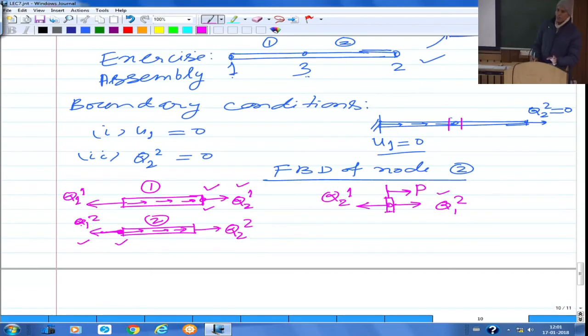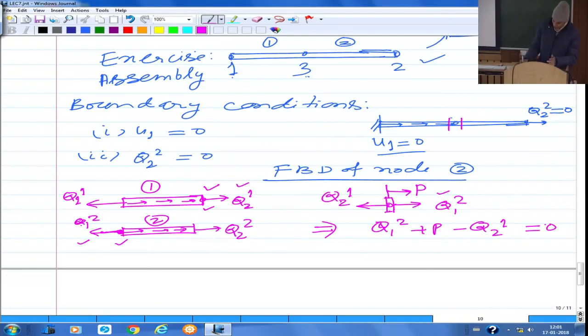Since the entire structure is in equilibrium, each and every part has to be in equilibrium. So we apply the sum of forces along the x direction equal to 0 for this. So you get Q12 plus P, and this is in the opposite direction, so minus Q21. As section forces, again, these are positive, but when I am writing the sum of the forces, you consider positive, in this case, the plus x direction, and this is equal to 0.